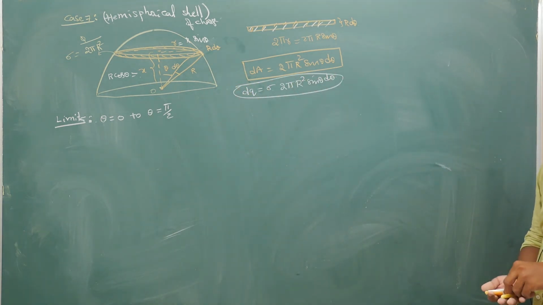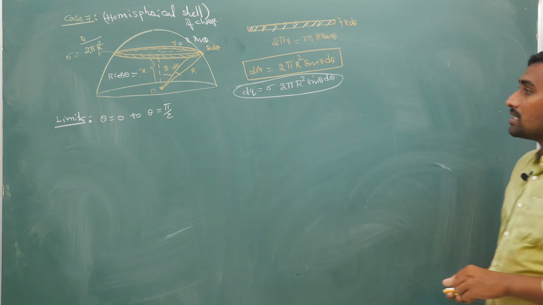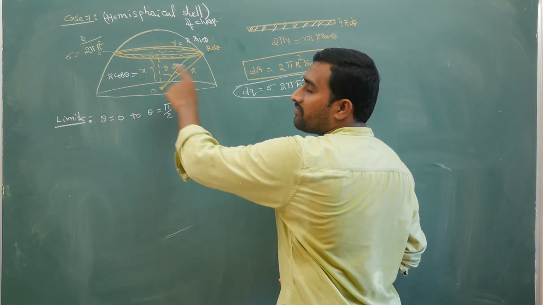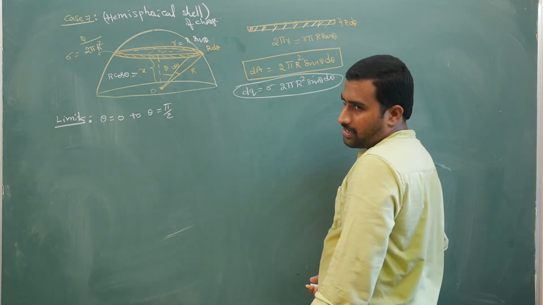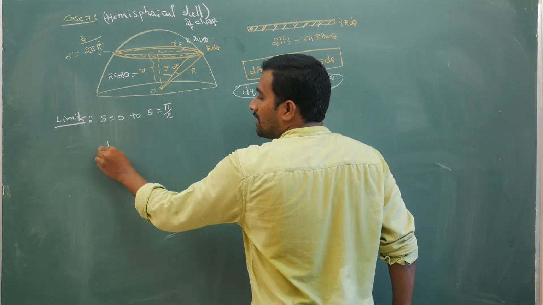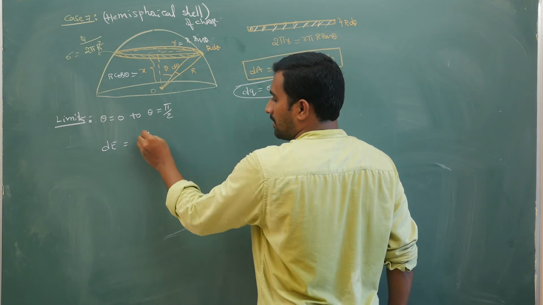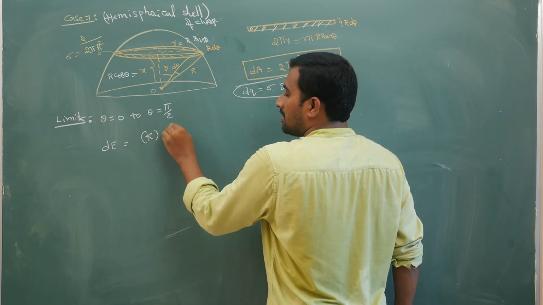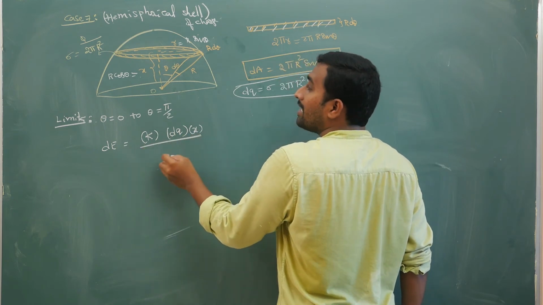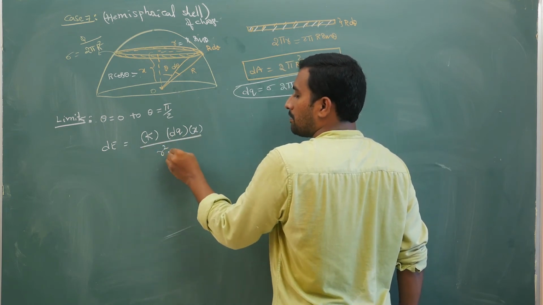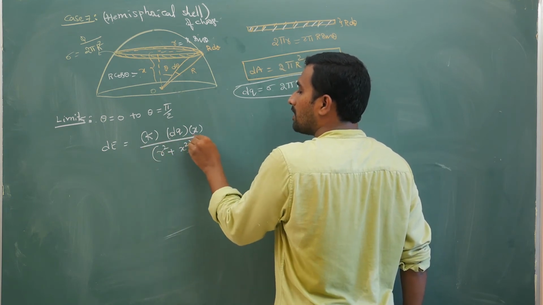Now observe carefully. Your small patch is in the shape of a ring and your center is on the axis of the ring. So your small electric field dE is given by k times dq into x by (small r square plus x square) whole power 3 by 2.